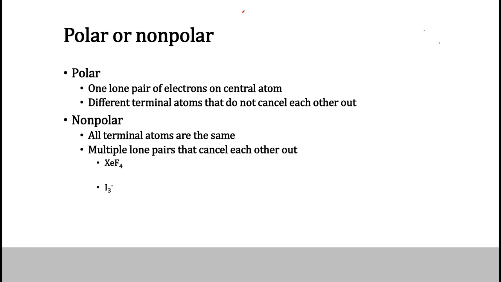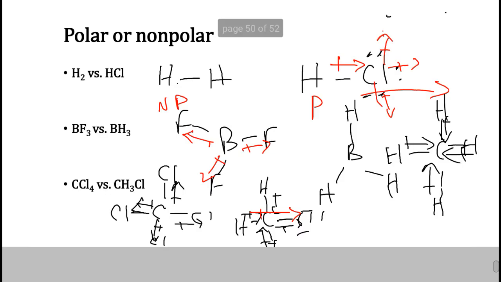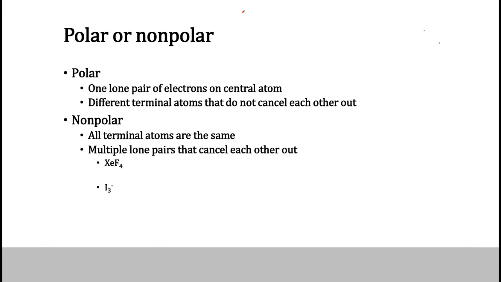It can be close to being nonpolar, depending on the electronegativities of the other terminal atoms, but 99% of the time, 1 lone pair of electrons means that you're polar. If you have different terminal atoms, like we did right here with CH3Cl, that's going to indicate to you right away that it is most likely polar.